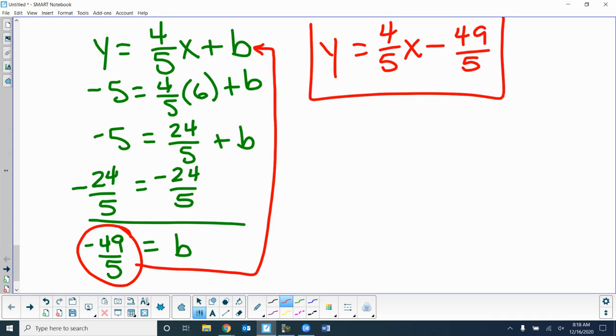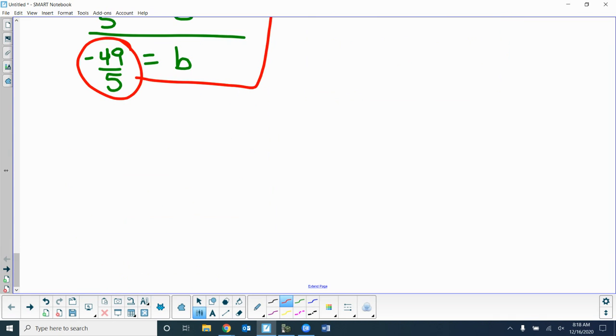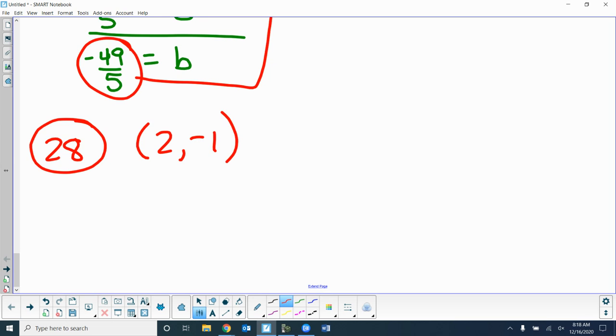28 is similar to this. I give you a point that a line goes through. Then I give you an equation of a line, but it says perpendicular to this line. So the line you're looking for is perpendicular to this line that they give you.